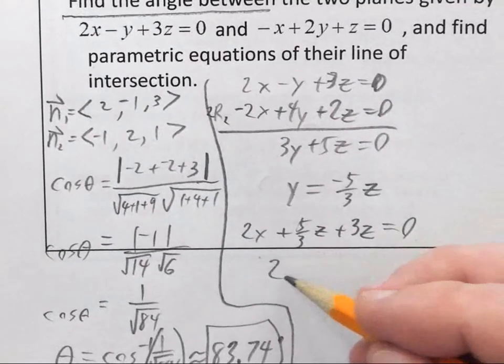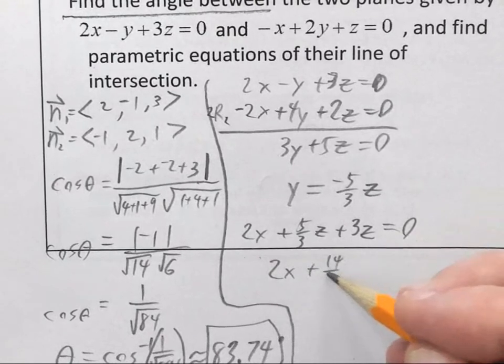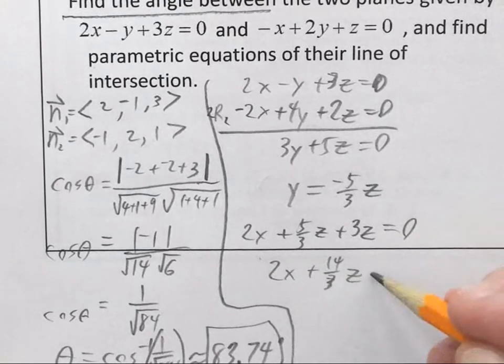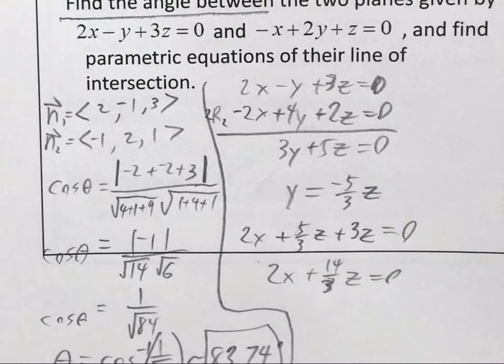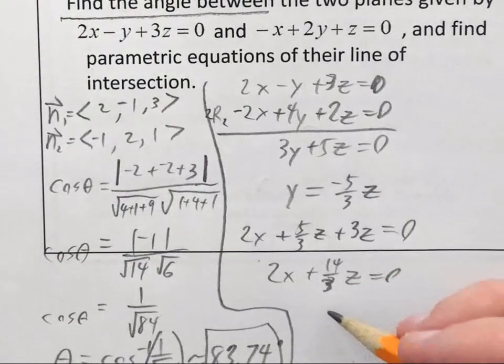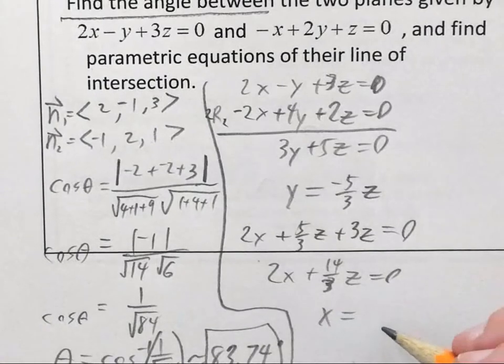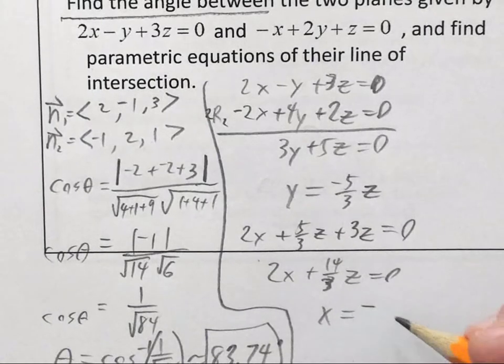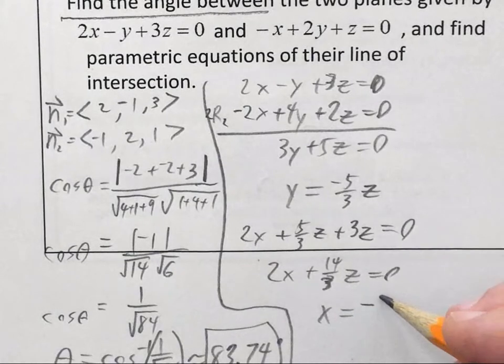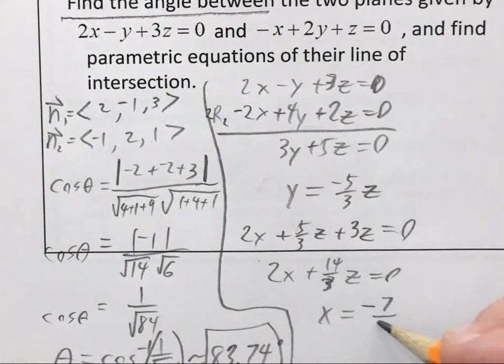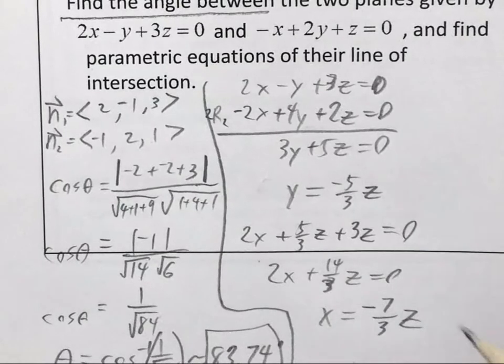What fraction do I have in front of the z? 14/3 z is equal to 0. So just 9/3 plus 5/3. So then what would x be equal to? Well, 2x would be negative 14/3z, so x is negative 14/6z, which would be negative 7 over 3z.